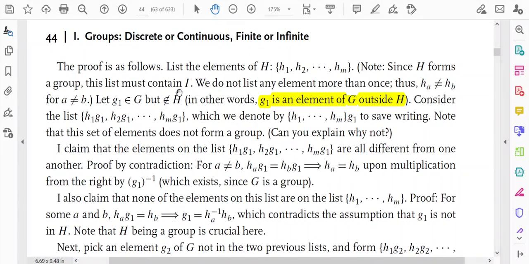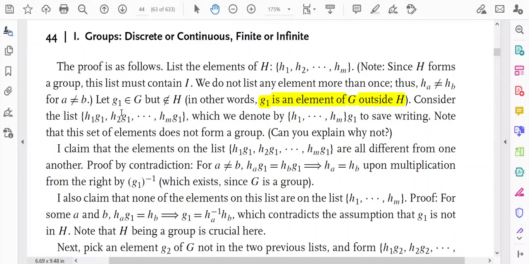We do not list any element more than once. Thus Ha is not equal to Hb, that is, each of the elements is distinct, for a not equal to b.